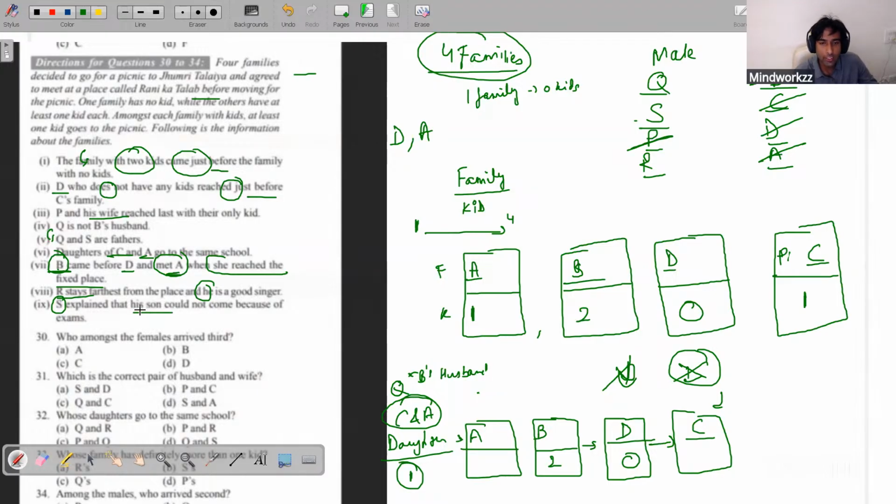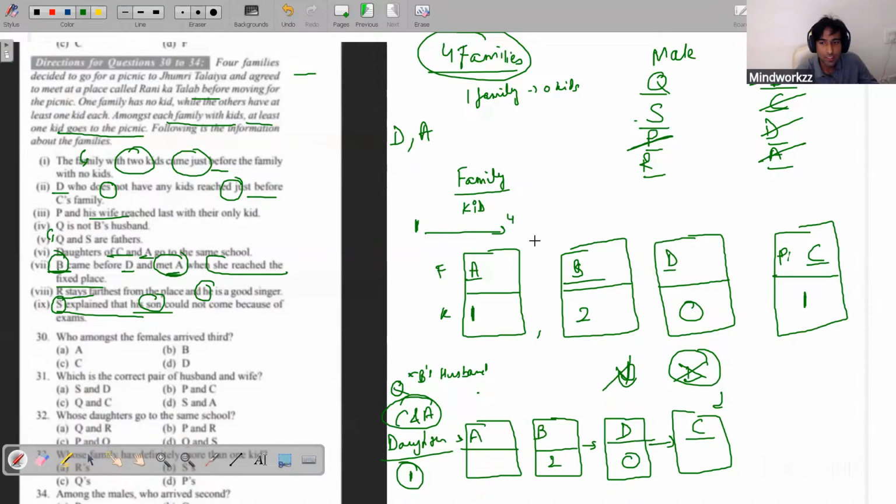If you go back to the question and see the clues among the families with kids, at least one kid goes to the picnic. So if S's son could not come because of exams, that means S would have had 2 kids in total, of whom one did not come because of his exams.